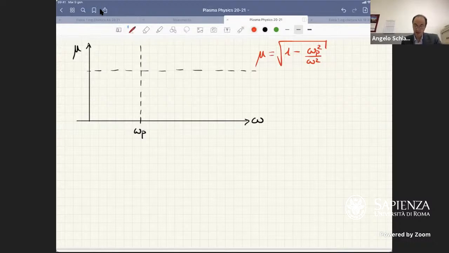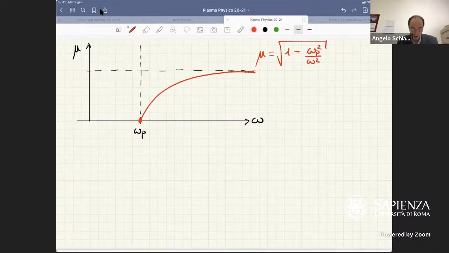When the frequency of the wave goes to the plasma frequency, mu goes to 0. It is a square root, so it goes basically just like that.